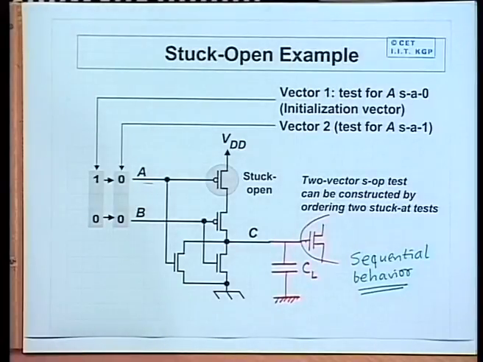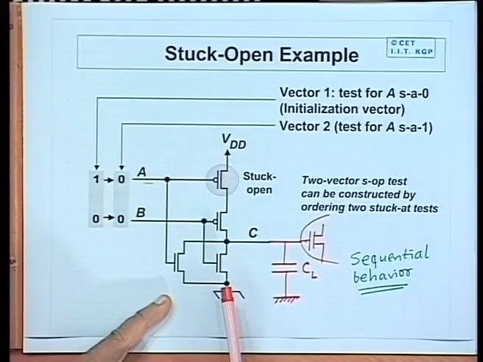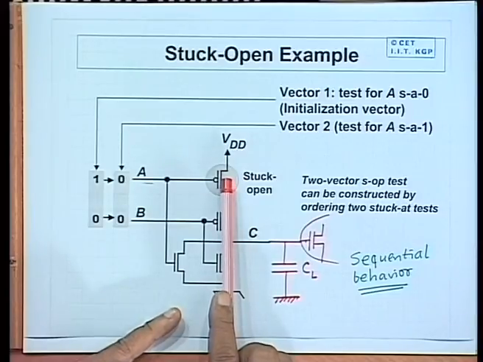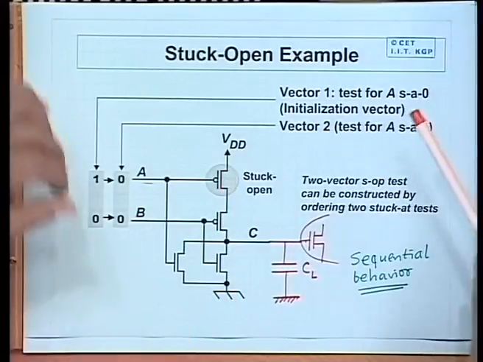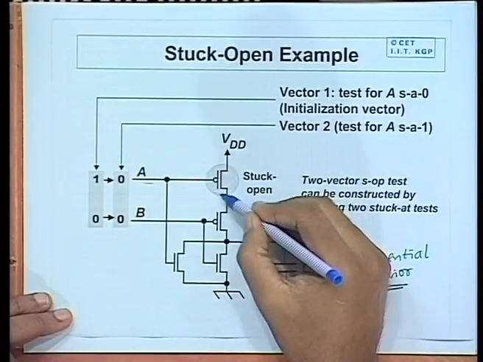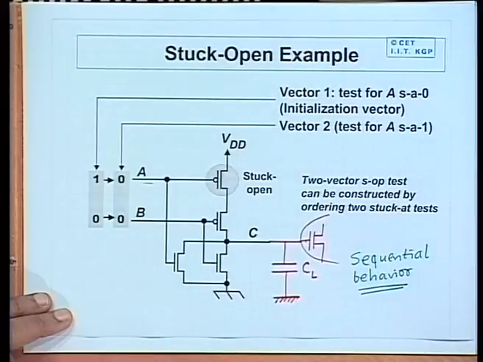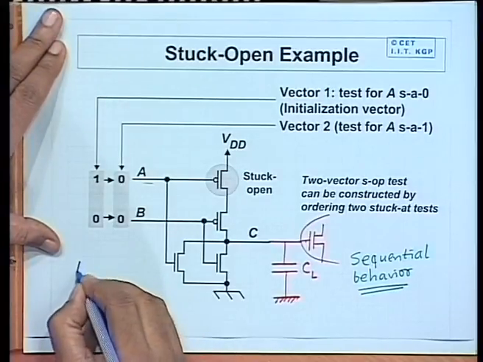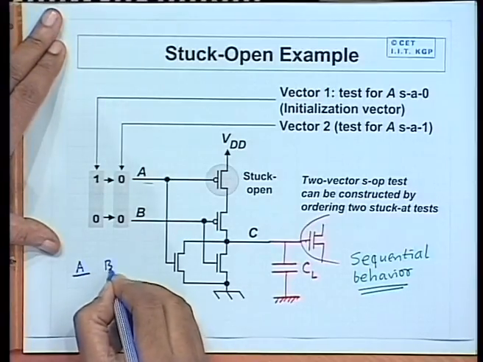Now, suppose I want to test this transistor for stuck open. Let us see what happens here. Stuck open means this line is always open circuit, right. Now, just imagine a situation, suppose A B are the inputs.